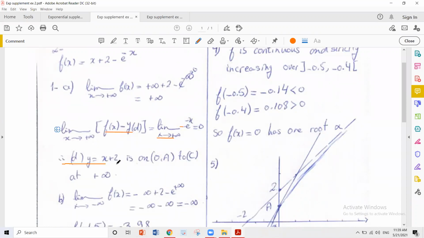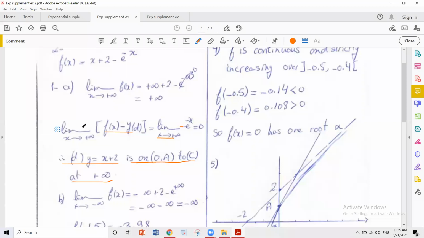Therefore, we say the line D, y equal x plus 2, is an oblique asymptote to C at plus infinity only. This means that the line D is an oblique asymptote.